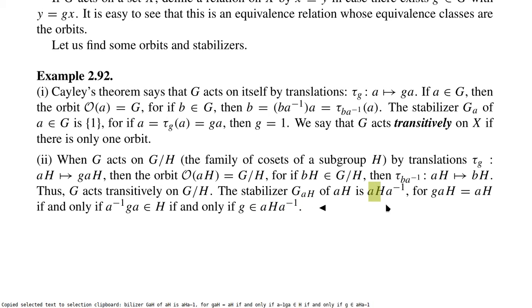So this is the stabilizer for the coset AH. Okay.